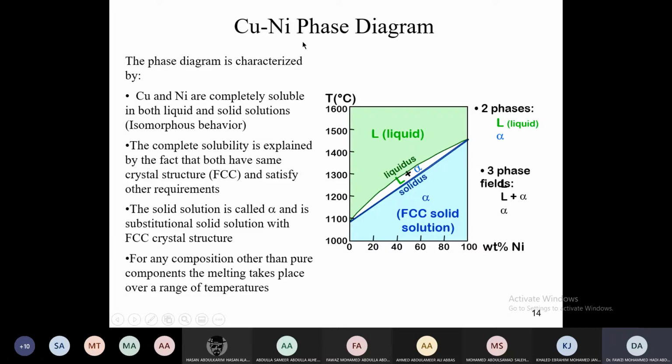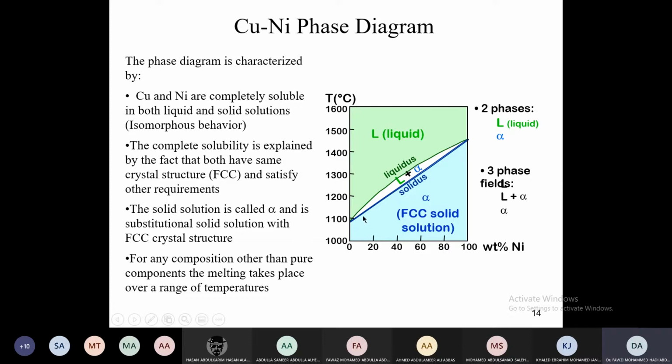And we also said isomorphous. You notice that the most noticeable feature of this phase diagram is the unlimited solubility of the copper and nickel.